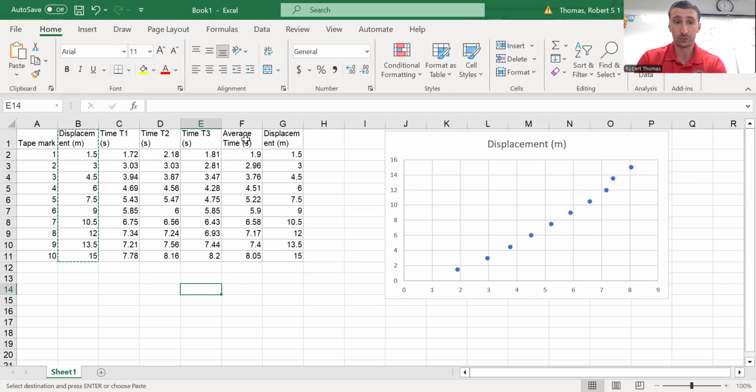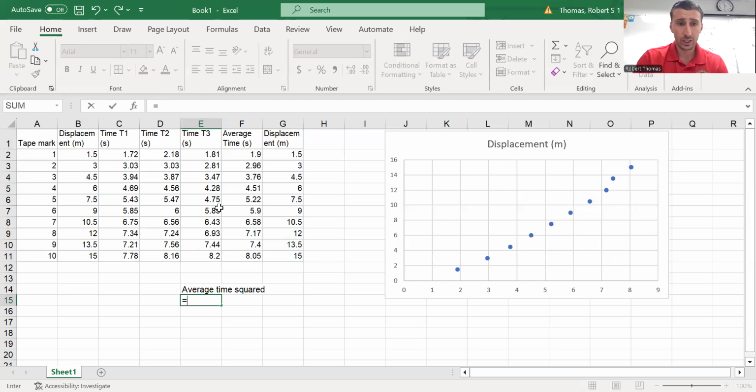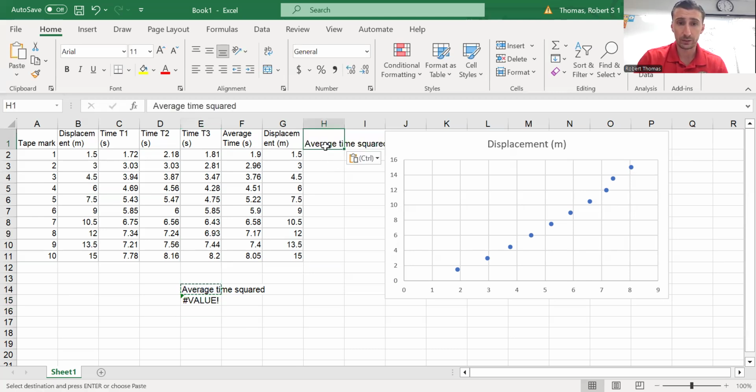All right, so we need to square the time. So what we're gonna do is make a column for time squared. We're gonna do equals this squared. Actually, let me copy this one and put it right here, it's gonna make it easier in a second.